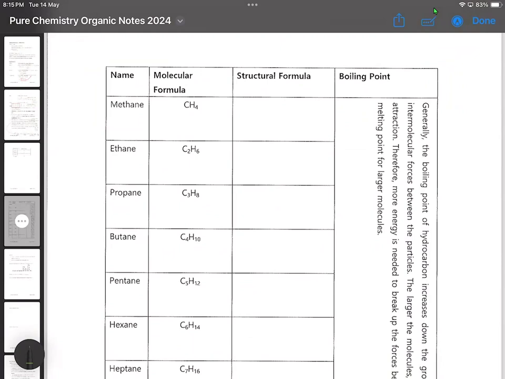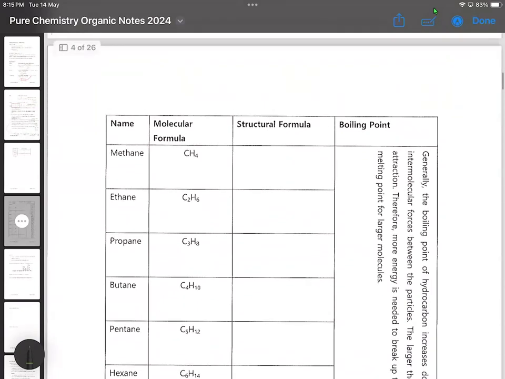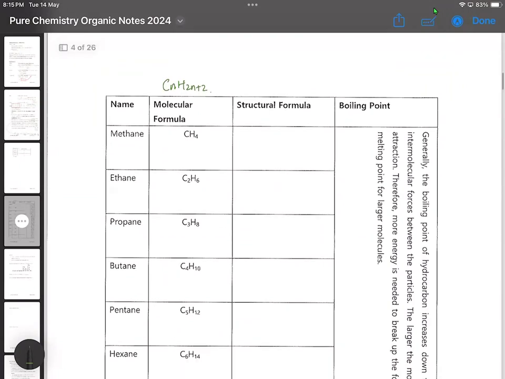So when you look at the formula, just now we mentioned the general formula, CnH2n+2. So if you sub in the number of carbon present, you will get the respective formulas over here. Okay, so these are the underlined portion, these are the prefixes.